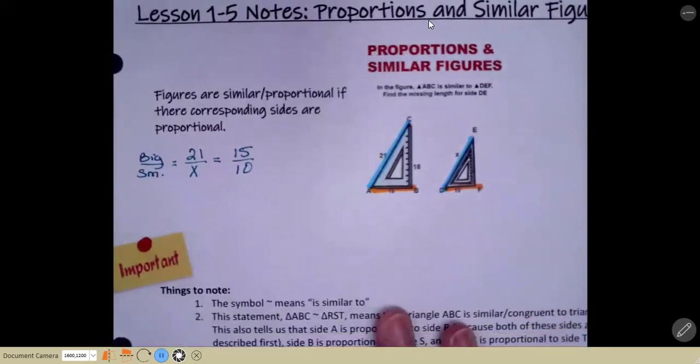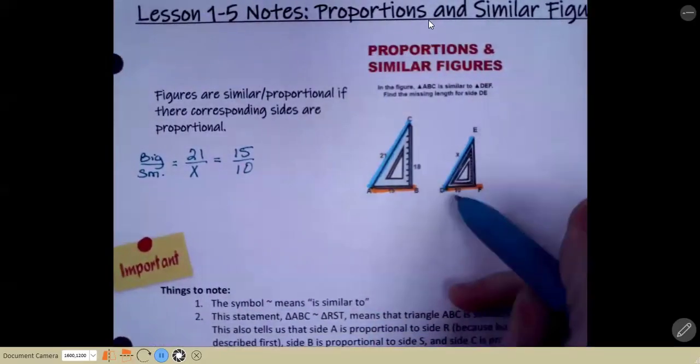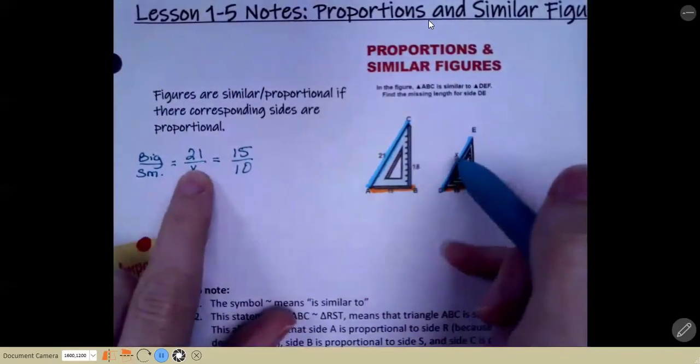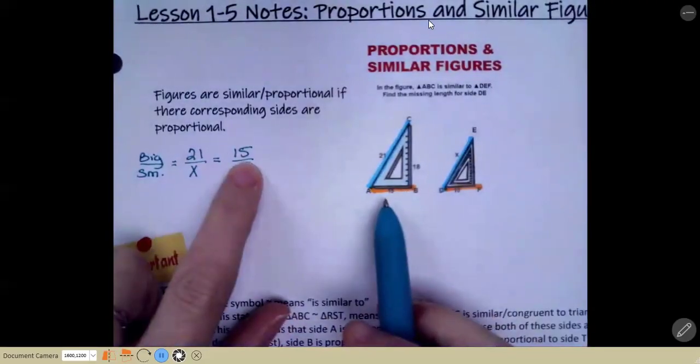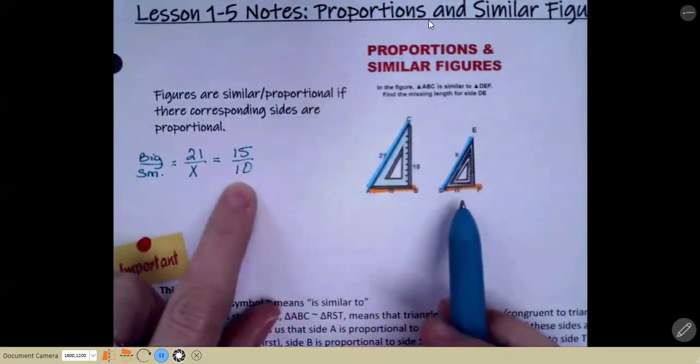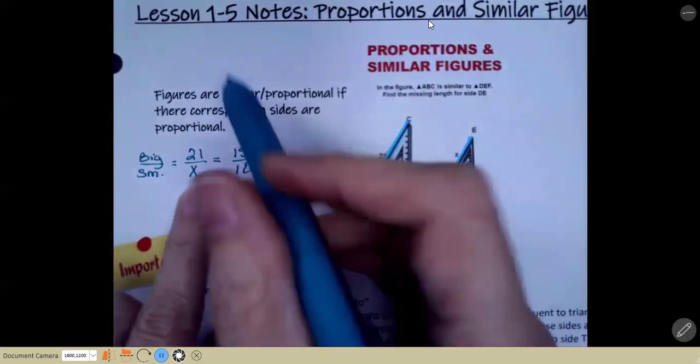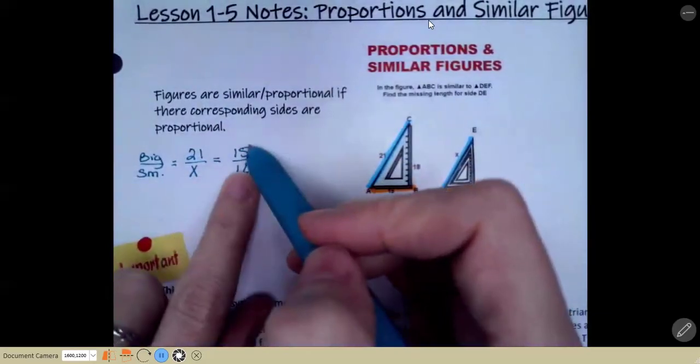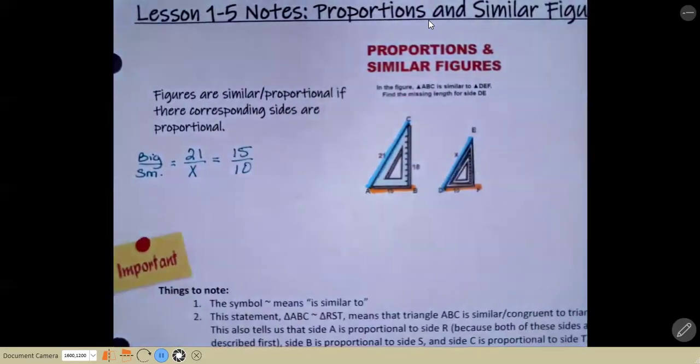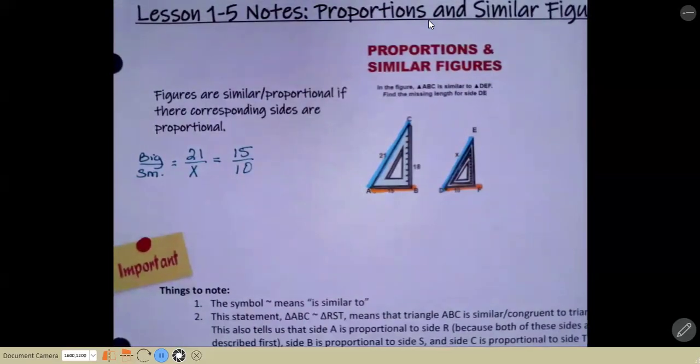Big triangle over small triangle. 21 over X. And then I took big triangle over small triangle. If I were to flip this, if I had big over small, but then over here, small over big, my proportion's wrong. Part of this lesson is being able to set up a correct proportion. So even though you might be able to solve these in your head, you must set up the proportion and solve it the way I'm teaching you, okay?